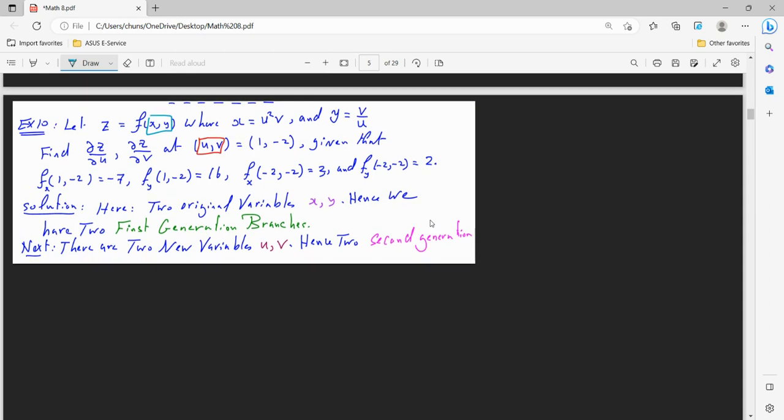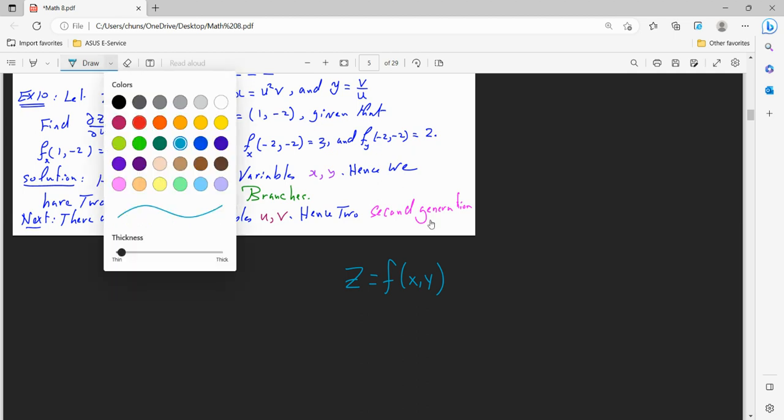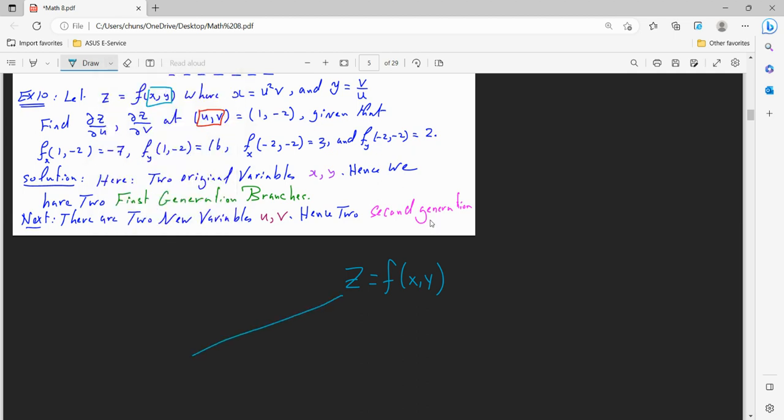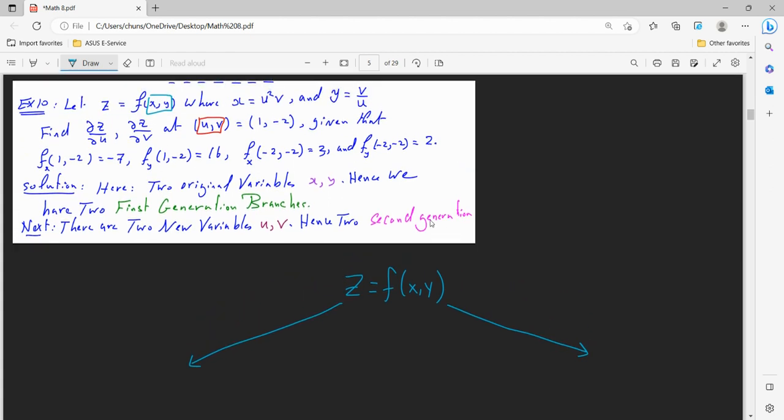Okay, so if we were to start with this one, we would start with z equals a function of x, y at the top. And we'd have 2 branches because we have 2 other variables, x and y. So we'd write what our x and y are.